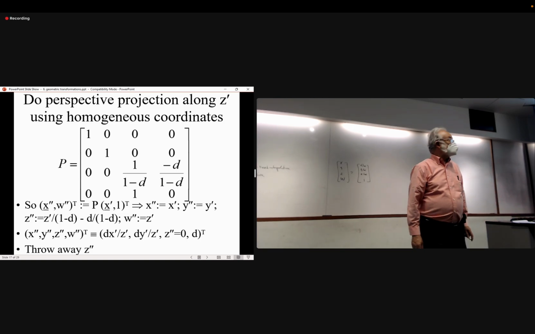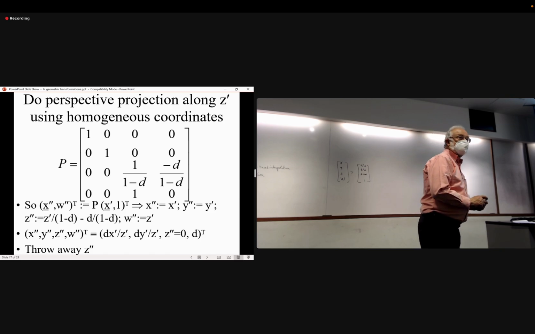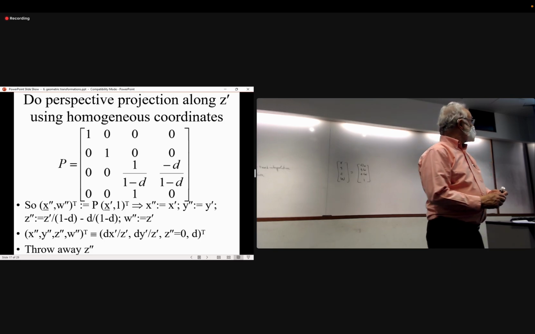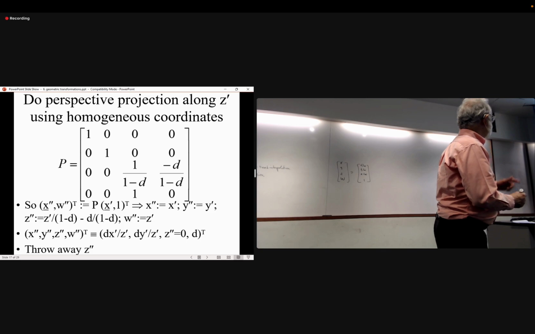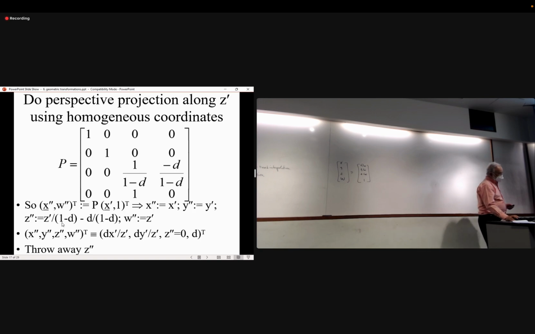And when you do that, you will see that you end up with an x double prime, y double prime, z double prime, w double prime. That is d x prime over z prime, d y prime over z prime, z double prime, which is 0, and you don't care about it because we're not interested in the z value once we've projected, and d.